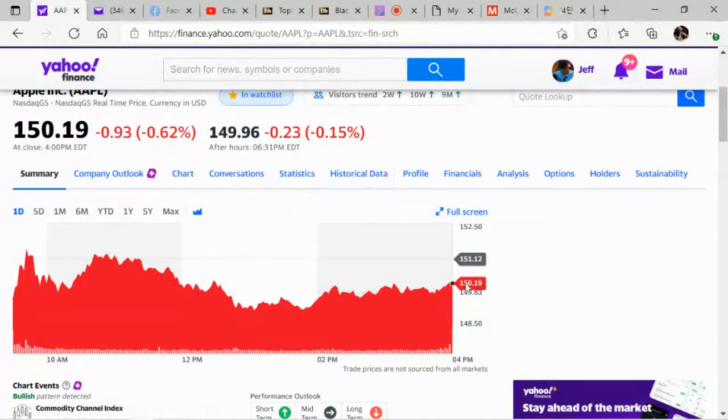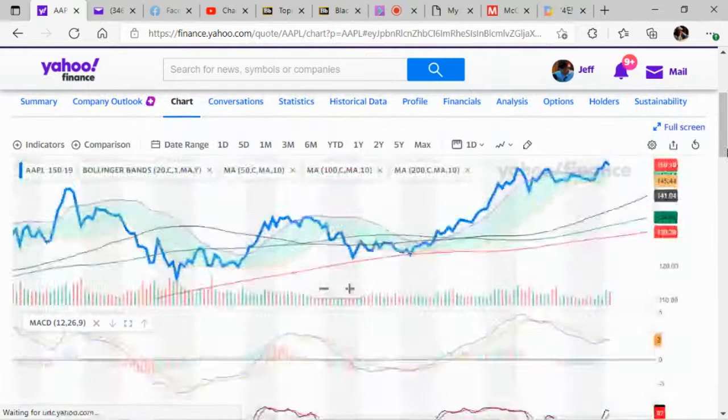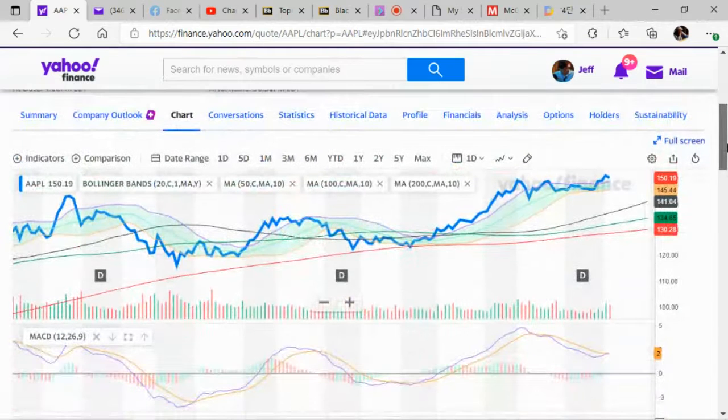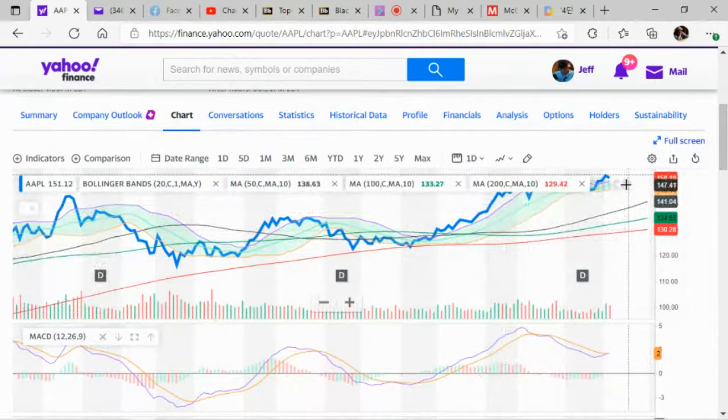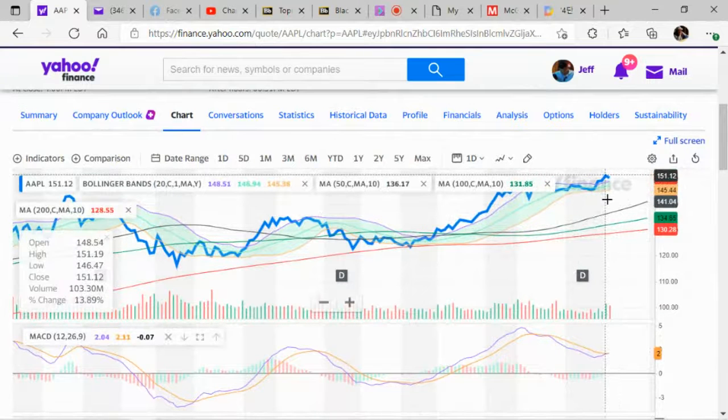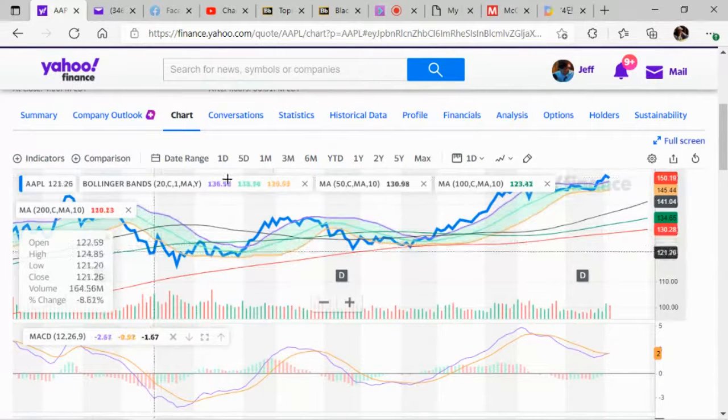Let's see, where's the chart? Big chart. Okay. So that looked bad, but that's just intraday, right? Yesterday was 151. And today, this is daily.